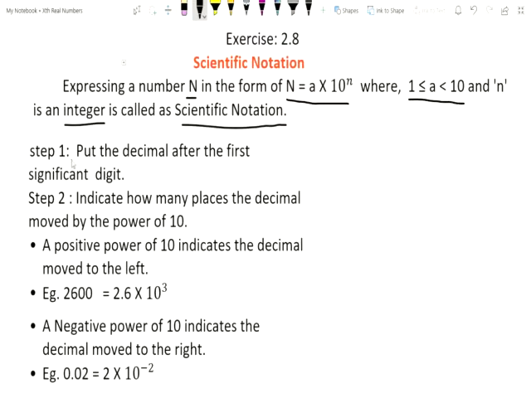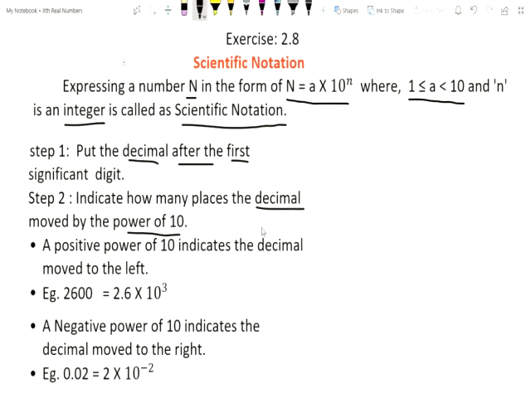If you want to convert into scientific notation, what are the steps you have to follow? You have to follow two steps. The first one, put the decimal after the first significant digit. The second step, indicate how many places the decimal moved by the power of 10.